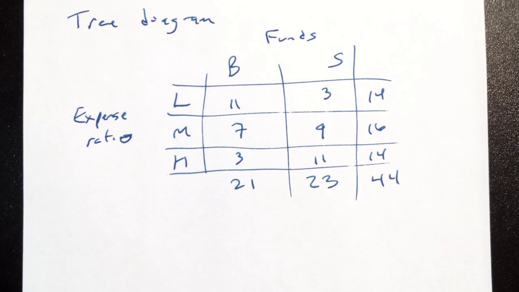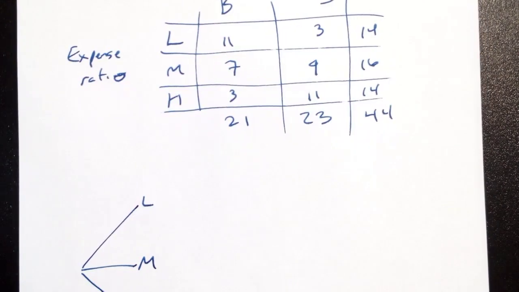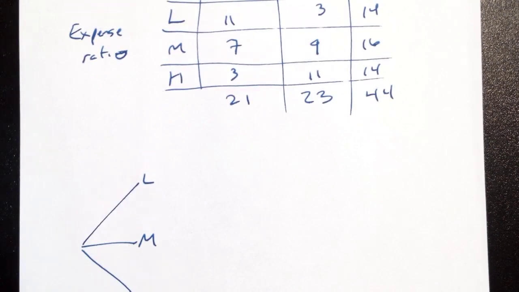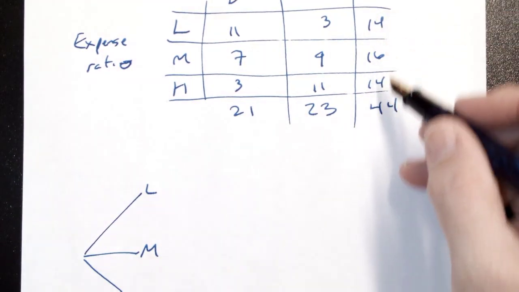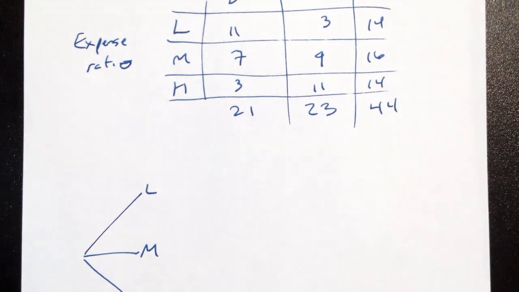Okay, so that means I'm thinking about the rows. And when I do the rows, I'm going to say, okay, I can either go low, medium, or high. Those are my choices, right? Now, these numbers right here tell me low, medium, and high, right?